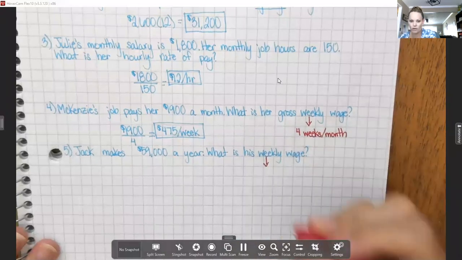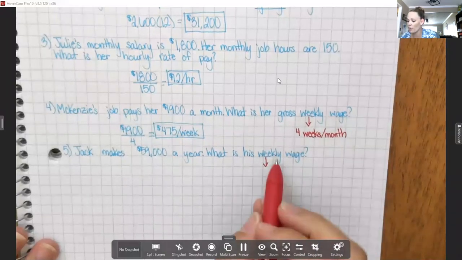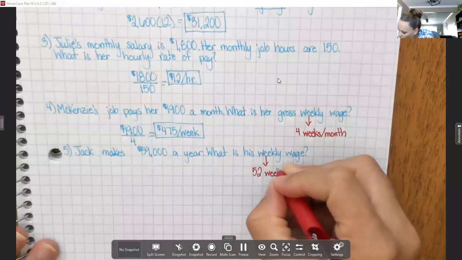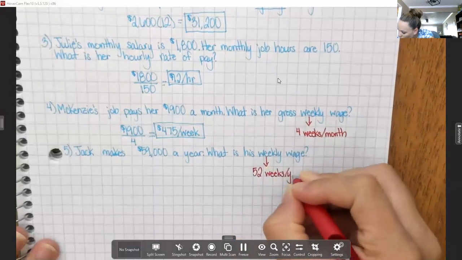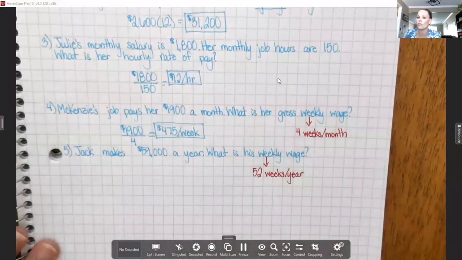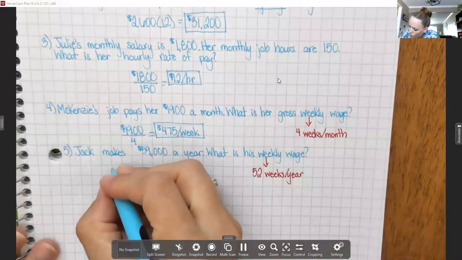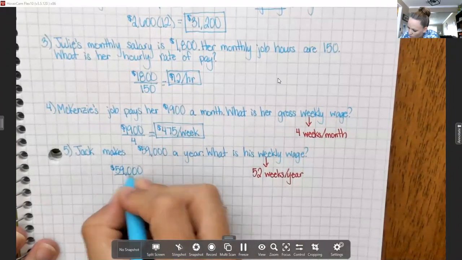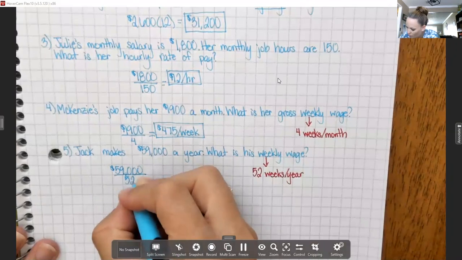The reason we're doing this one is to know how many weeks are in a year. So it's 52 weeks per year. So 59,000 divided by 52.